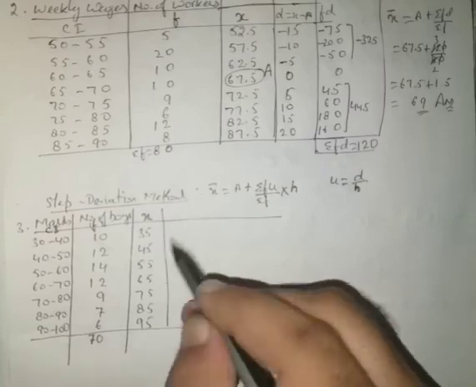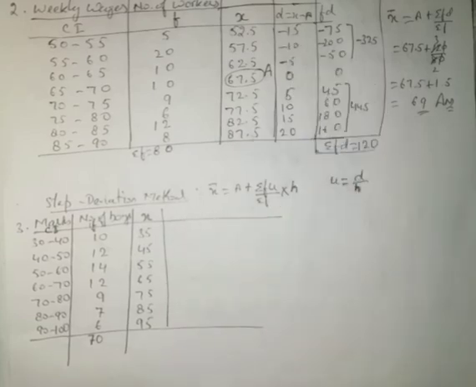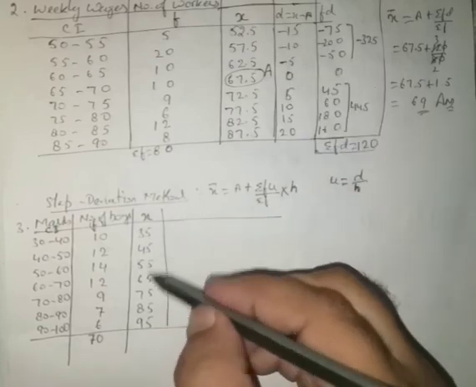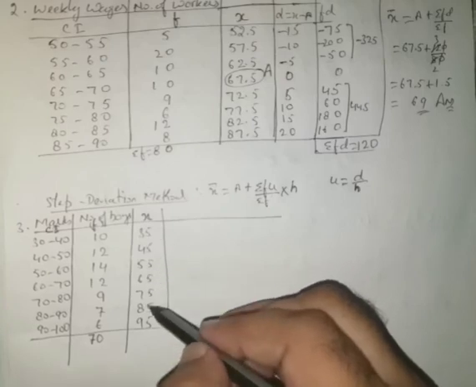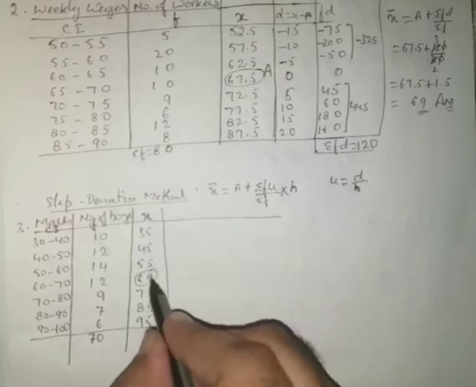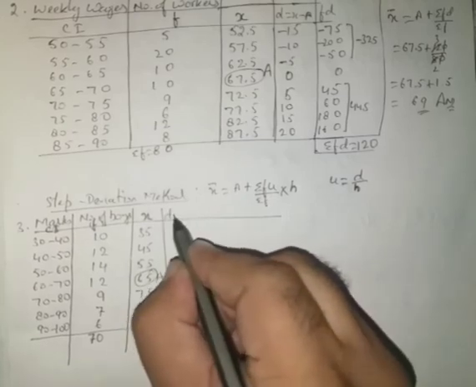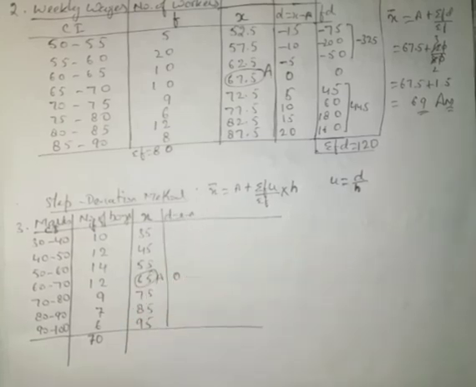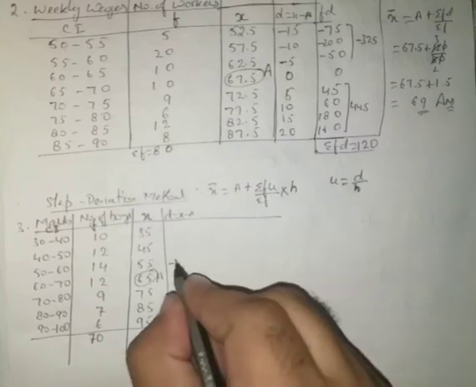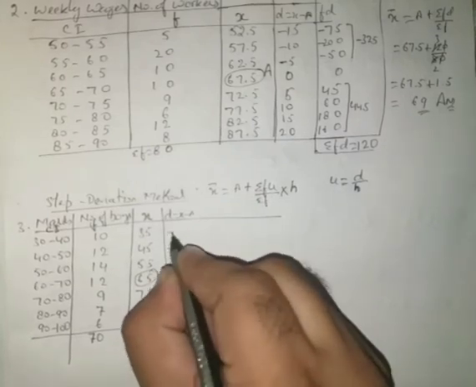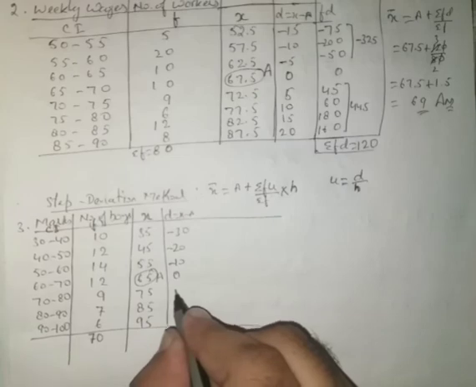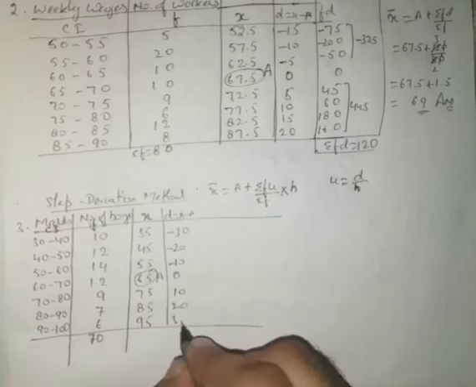Now similar to the process we have already done in the previous question, we will take one value as the assumed mean. So I am taking 65 as the assumed mean. In front it will be 0. Here I am writing d, x minus a. So 0, minus 10, minus 20, minus 30, and this will be 10, 20, and 30.